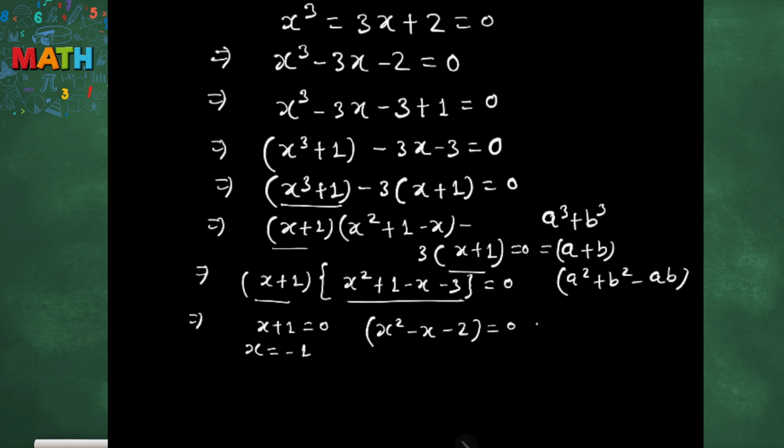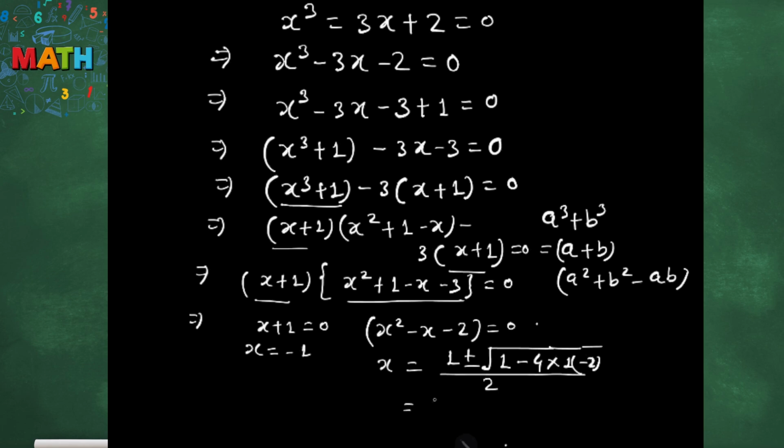If you solve using the quadratic equation, x will be minus b, which is minus 1, so this becomes plus, b square minus 4ac, 1 square, this is b, minus 4 into a into c, where a is 1 and c is minus 2, upon 2.